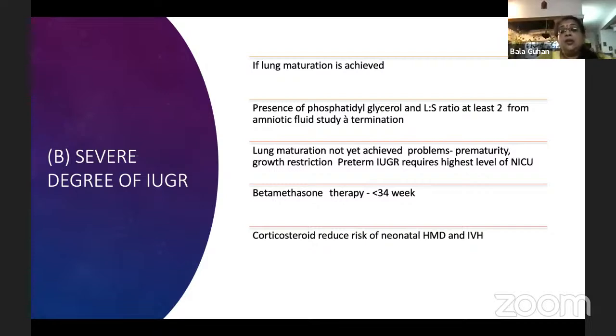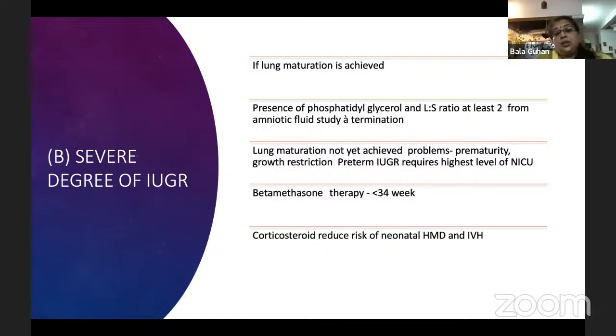If lung maturation is not yet achieved, especially in growth restricted preterm babies, such babies will require high-level care in the NICU.